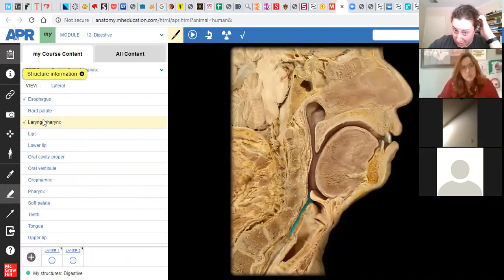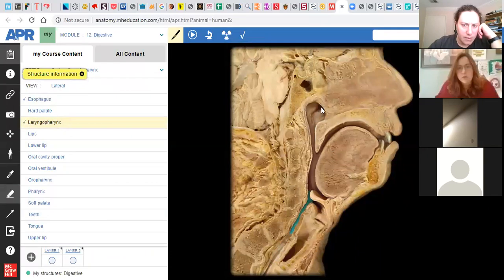So a couple of things to point out here. If you look, the esophagus they have running to about here. The laryngopharynx is the last portion of the pharynx.